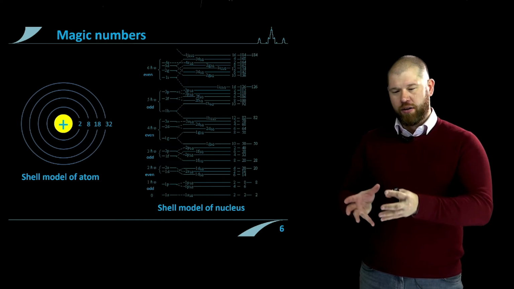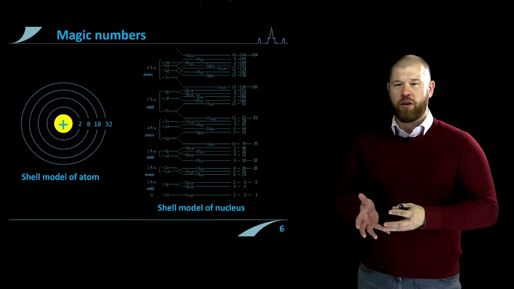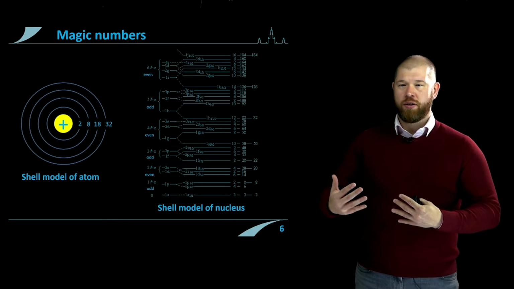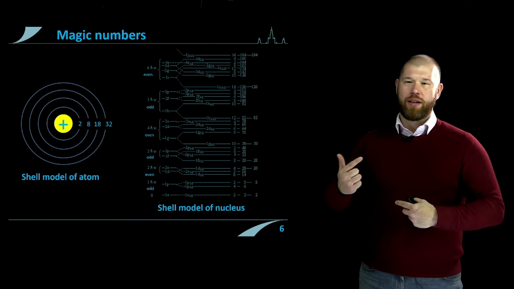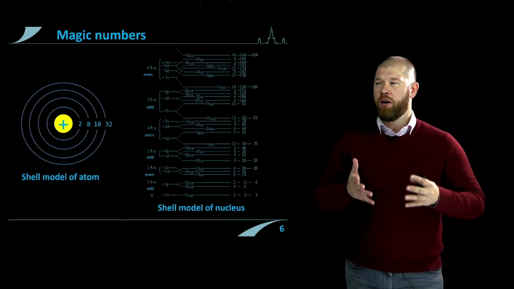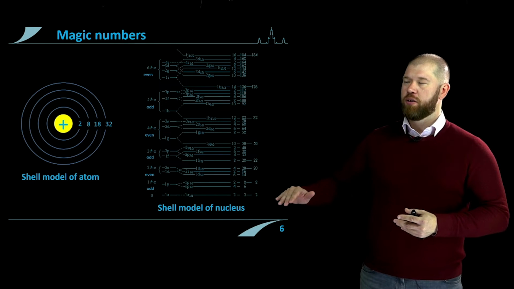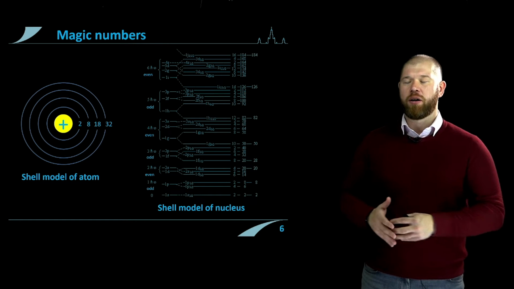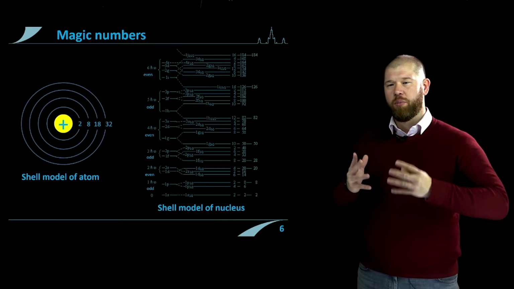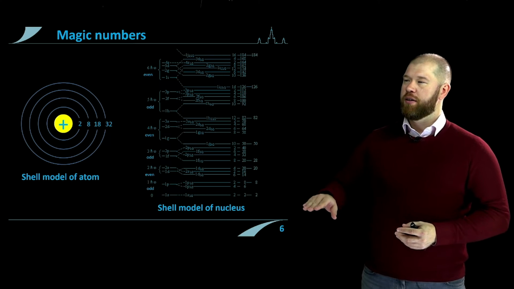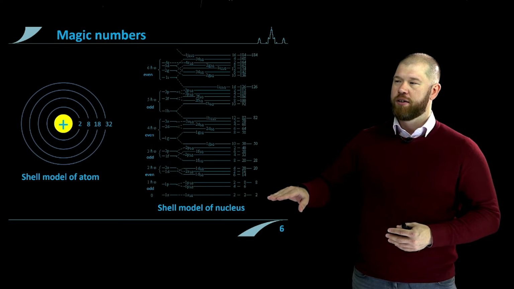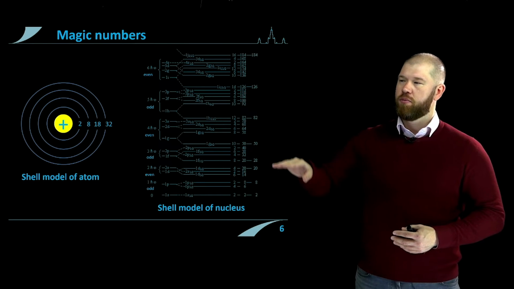Thus, a completely filled electronic shell demonstrates very high stability towards addition of any additional electron or towards losing electrons. The same is true for the nucleus. If the energetic level in the nucleus is filled completely with protons and neutrons, this nuclide, this nucleus, will be very stable. And the numbers of nucleons that can fill the different energetic levels are given in this scheme.